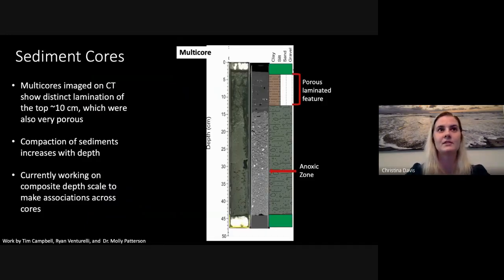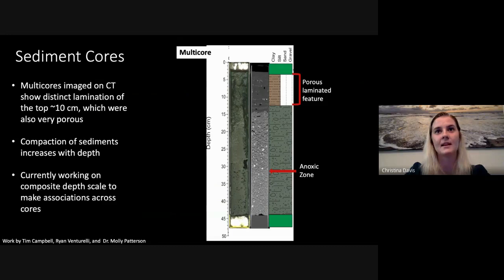Some unique features that we saw in the sediment cores are, if you look at this right image, this is a multi-core. It looks pretty similar throughout. The top looks a little bit more watery, but it wasn't until we did CT imaging of the cores that we noticed distinct features about them.